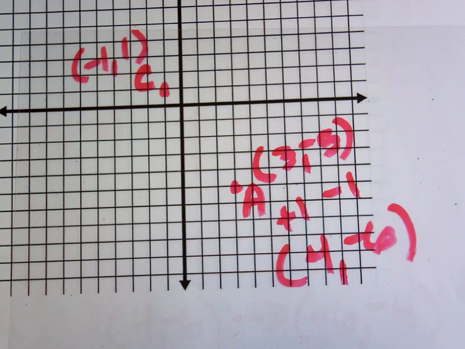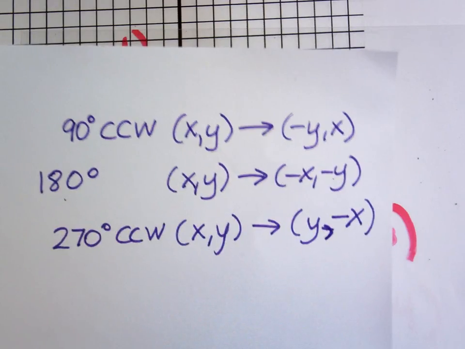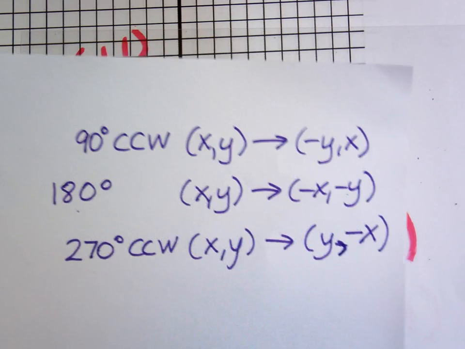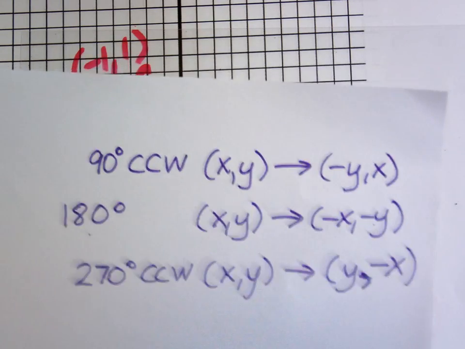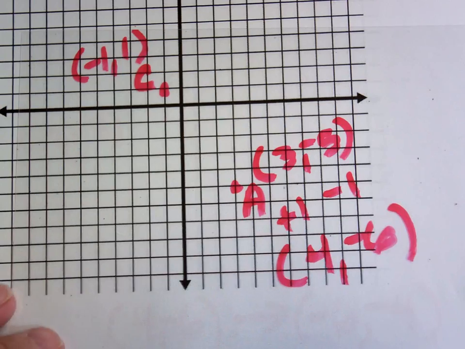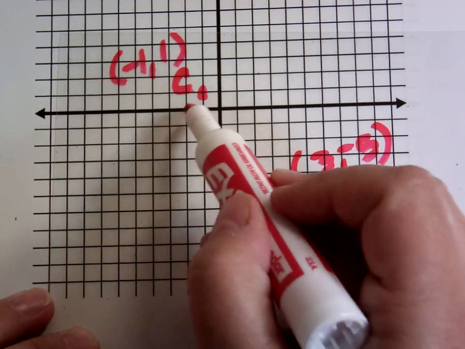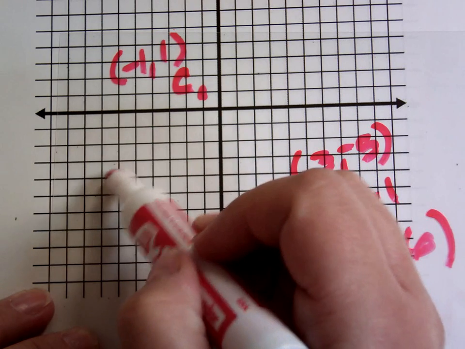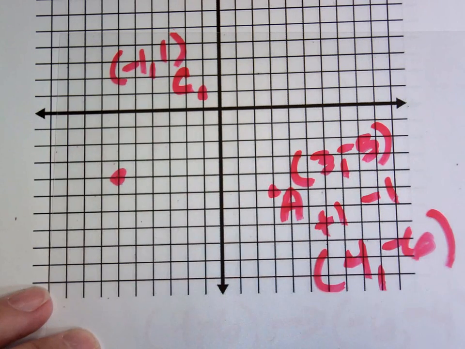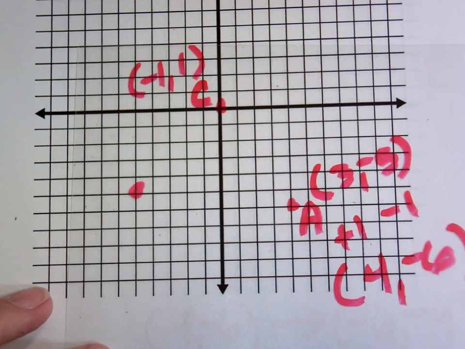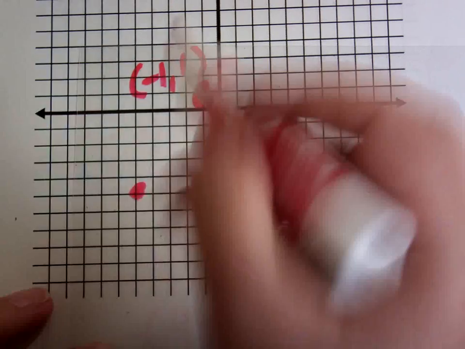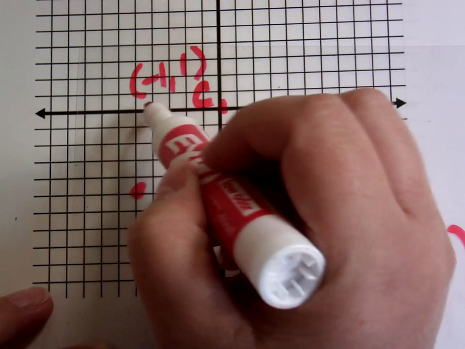Then I use the standard rules, same rules as ever, and just like before, I'm going to get -6, -4, which is over here. I'm sorry, wait. -6, -4, 1, 2, 3, 4, 5, 6.